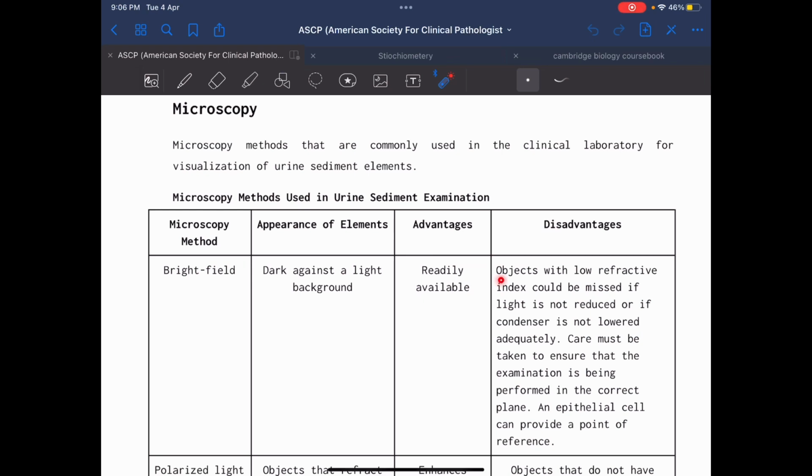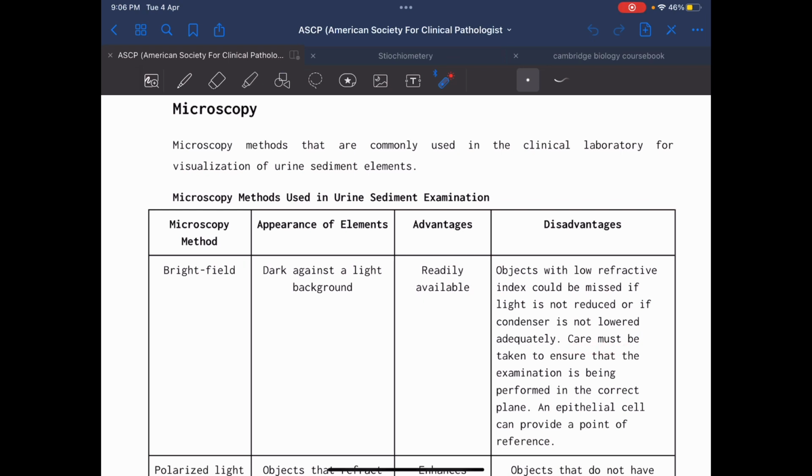Disadvantage, object with low refractive index could be missed if light is not reduced or if condenser is not lowered. If you adjust the light to the maximum, maybe the low refractile bodies will disappear and you cannot notice.